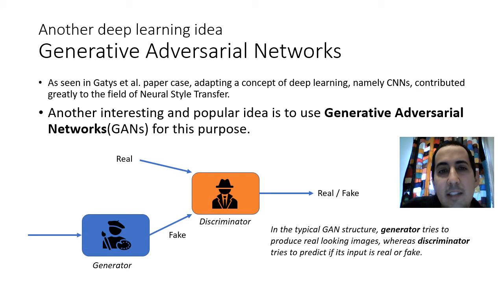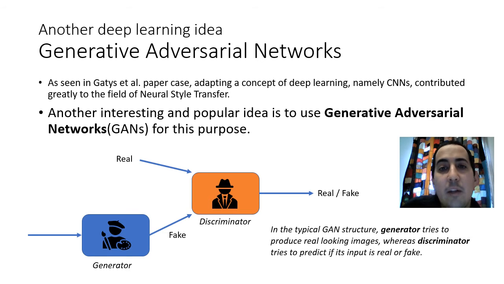The basic GAN structure includes a generator and a discriminator. The generator tries to generate images with a distribution close to the real images, whereas the discriminator tries to differentiate real images from fake images.